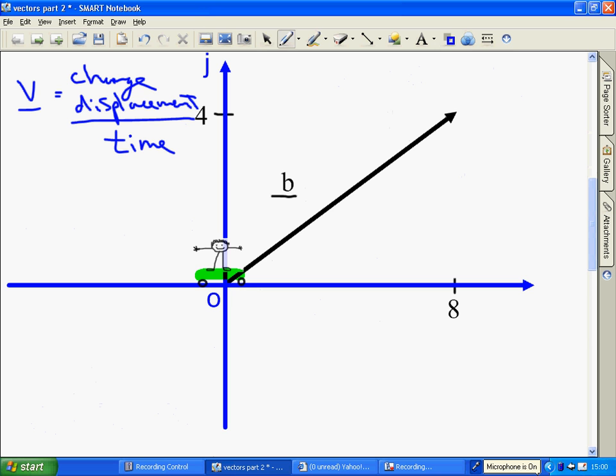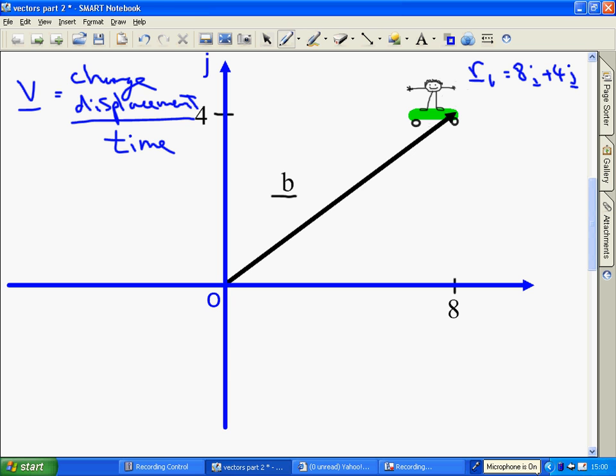So if we look at this example, we have Bob on his lovely green scooter. Bob is going to travel along here to end up at this position vector. He's going to do it at a steady velocity, and let's say he will take 2 seconds. The position vector he ends up at is 8i plus 4j.